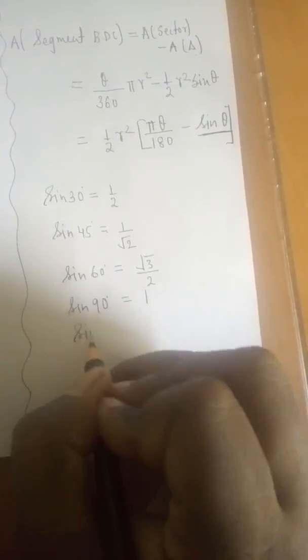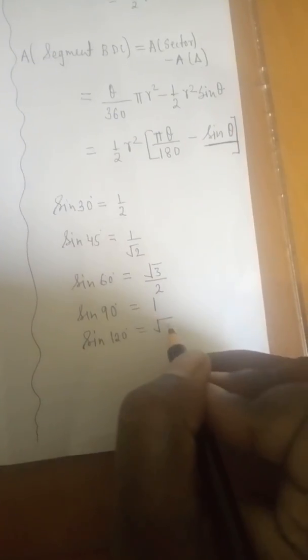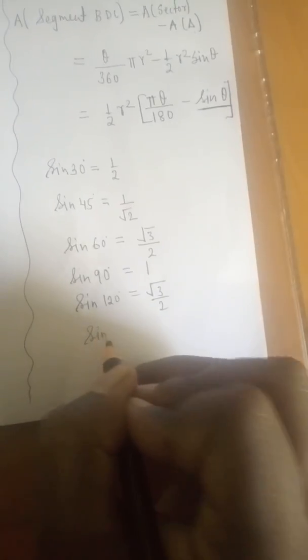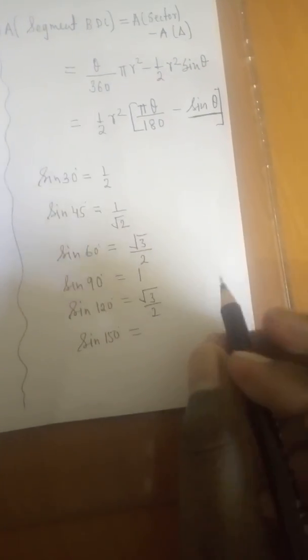Further, sine 120 equals root 3 upon 2, sine 150 equals half.